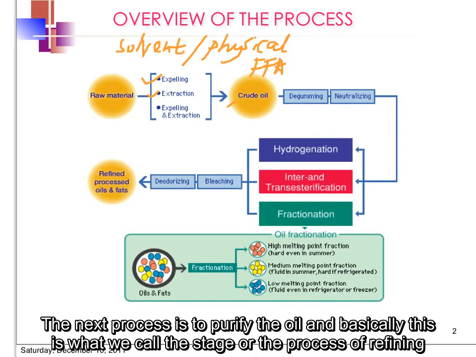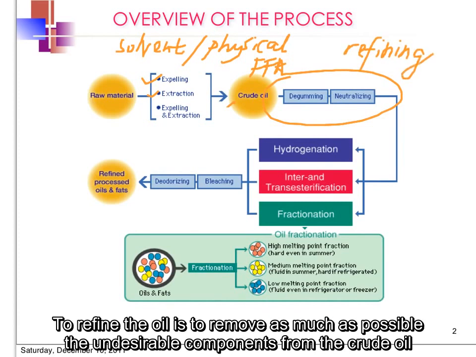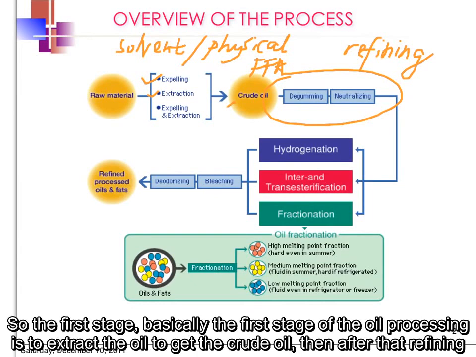So the next process is to purify the oil, which is what we call the stage or process of refining: to refine the oil, to remove as much as possible the undesirable components from the crude oil. So the first stage of the oil processing is to extract the oil to get the crude oil. Then after that, refining.